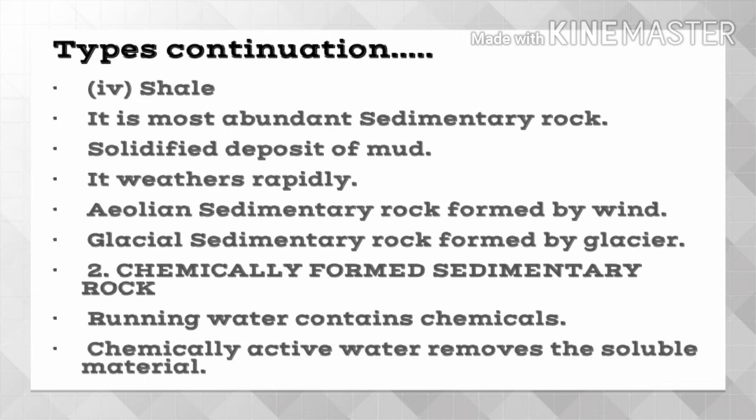Now let us talk about the fourth variety of mechanically formed sedimentary rock. It is the shale. It is also known as mudstone, okay? And it is the most abundantly found sedimentary rock. That means it is found everywhere in large quantities. Not only that, it is actually the solidified deposit of mud and clay. When mud and clay mix together and compaction takes place, that rock is known as the mechanically formed sedimentary rock, that is shale.